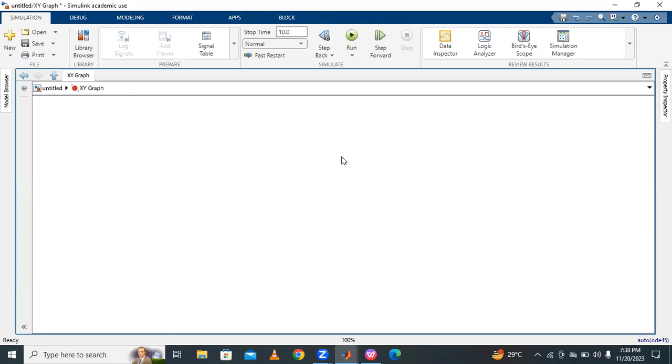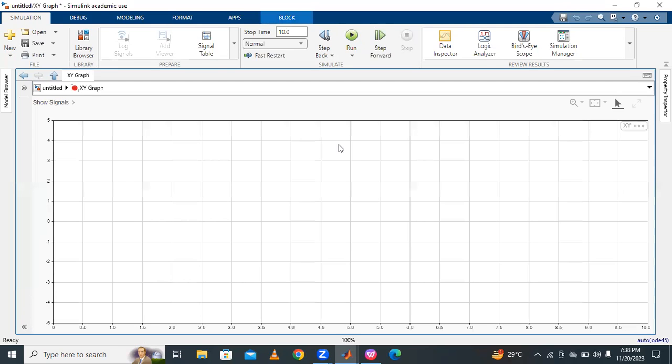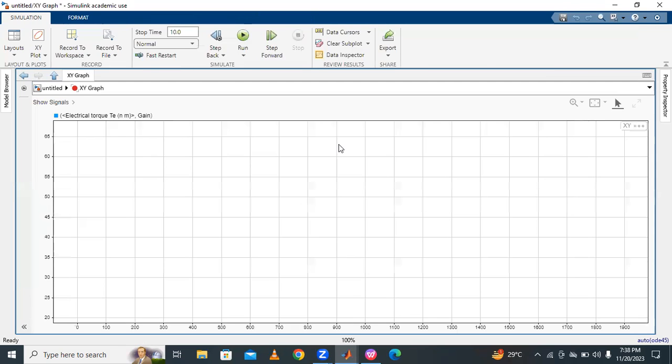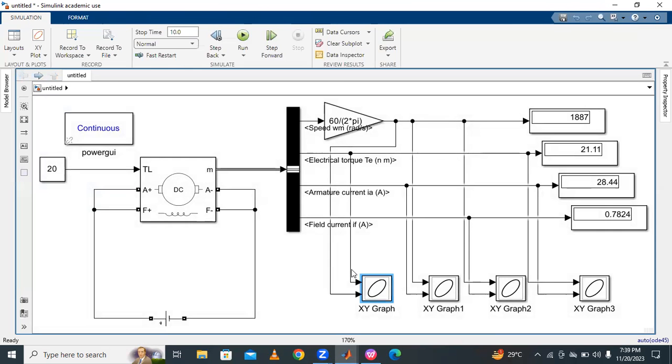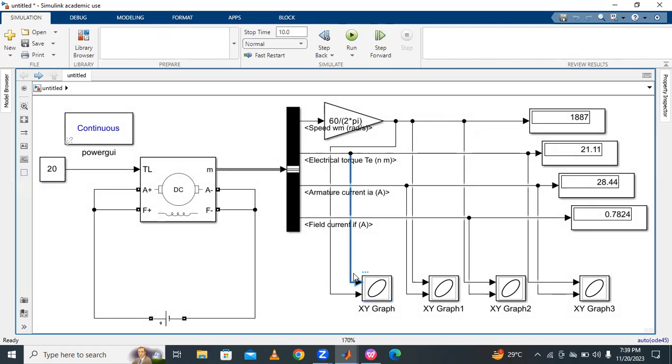Open the XY graph. Then speed versus torque characteristics of the DC shunt motor are like this. Here the speed is on the x-axis and torque is on the y-axis. So the x-axis should be torque and the y-axis speed.